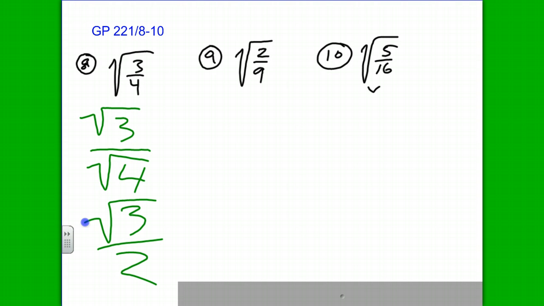And thumbs up if you agree. Very good. So the denominator is a number that is rational. Pull it out of there.